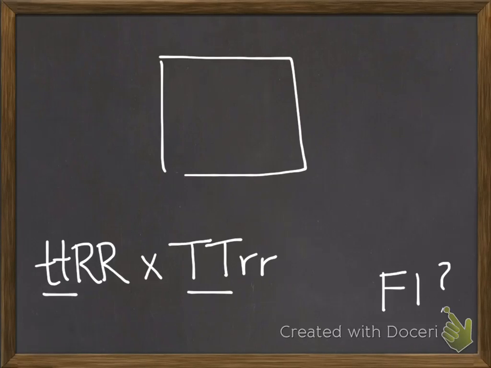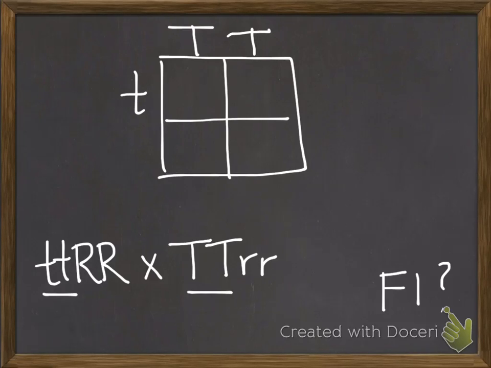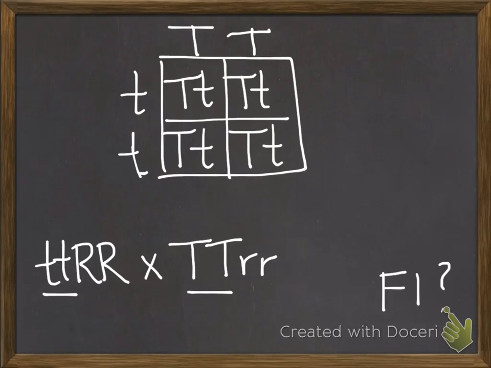You draw a Punnett square and put the genotypes of the parents on either side. Then you fill out the Punnett square as usual. And you can see that all the progeny in the F1 will be big T, little t, which means that all the plants will have a tall phenotype.